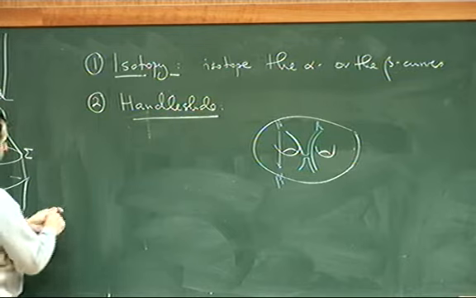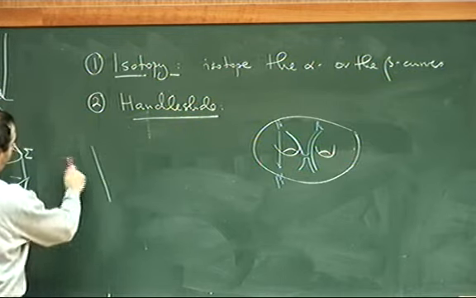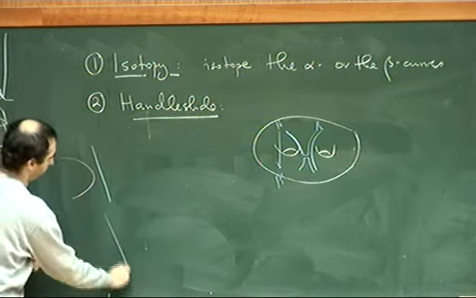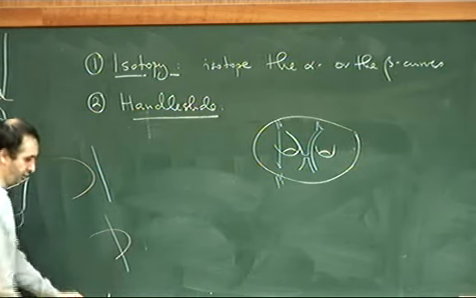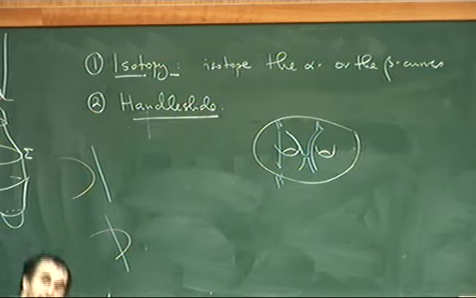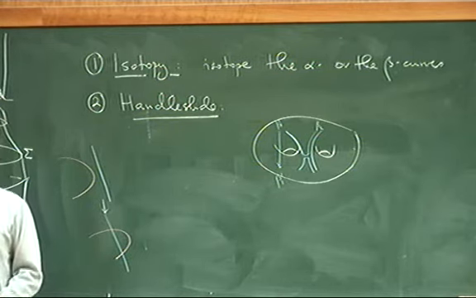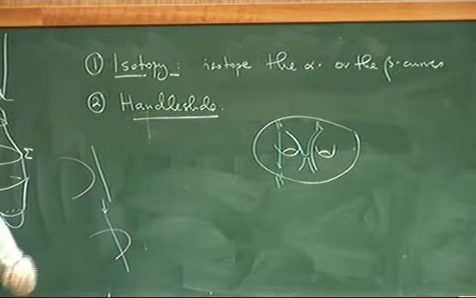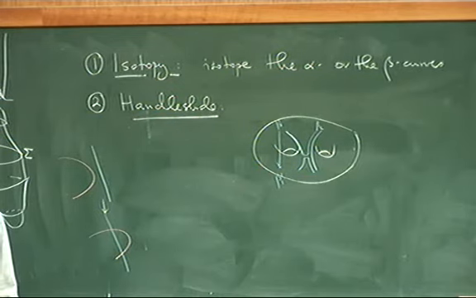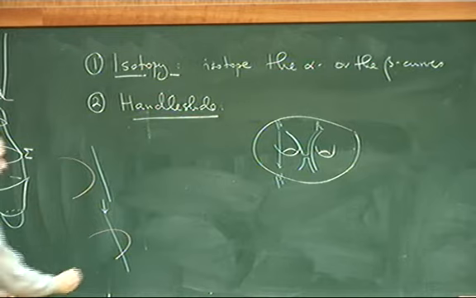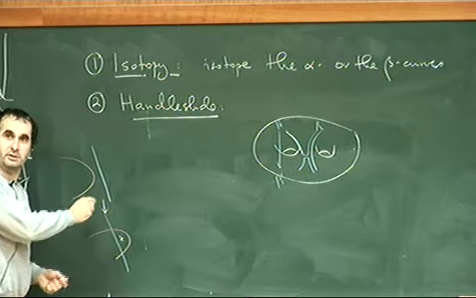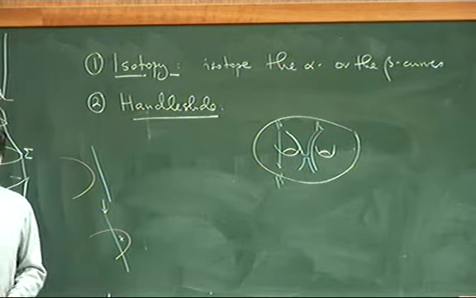But what you can do is something like that, and then turn it like this. So that's an isotopy. Can they push across the W's? No, the W's always have to stay in different domains. So they have to respect the W. If there is a point here, then that's not an allowed isotopy.